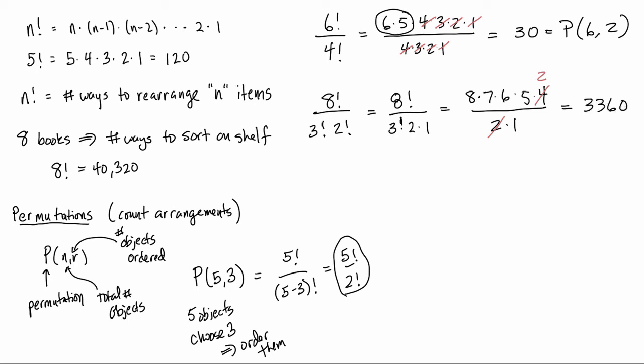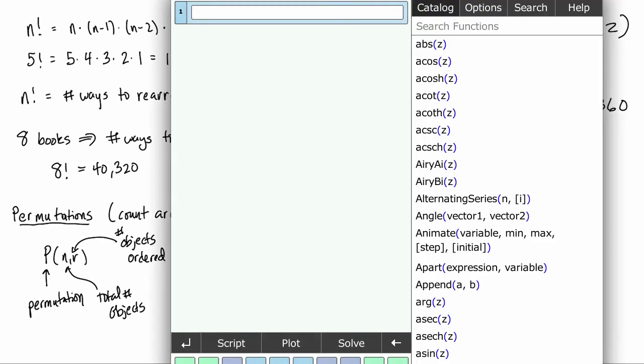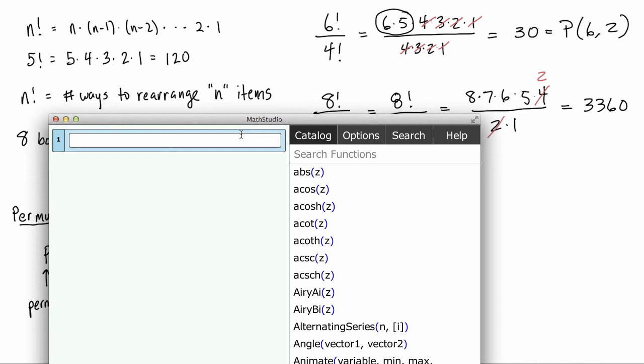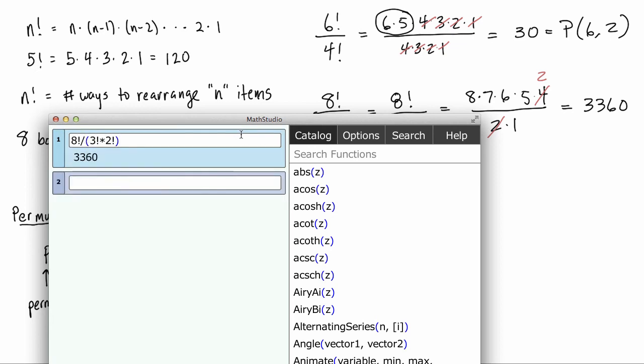I believe that's correct. Let's check it. So I want to do 8 factorial divided by 3 factorial, 2 factorial. And that is indeed 3360. So that's good.